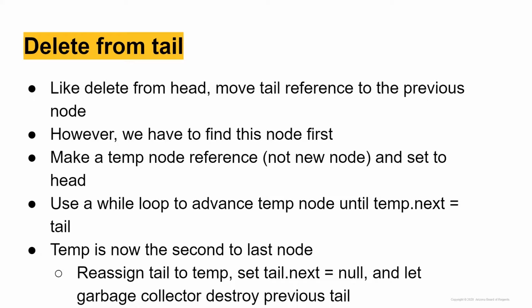And that's how we're going to know that temp is now the node that's previous to the tail, or the second to last node is another way to think about it. So we're going to reassign the tail reference to the node that temp is referring to. And then we're just going to set tail.next equal to null, right? Because we've moved the tail reference. Now the previous tail has nothing pointing to it, and the garbage collector is going to come destroy it.